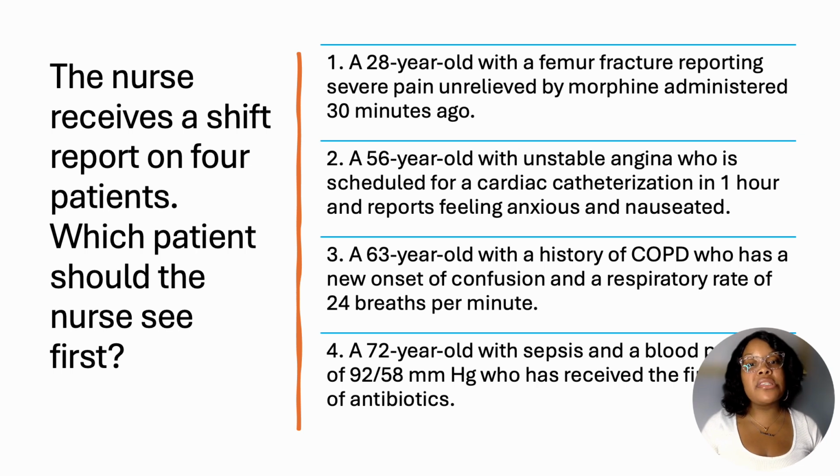So anytime you see a new onset of something, especially if it's a new onset of a respiratory issue or a new onset of a mental status change or even a new onset of pain, this could be something that we really need to pay attention to.